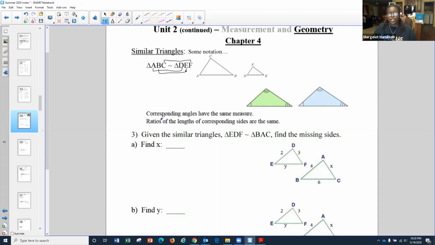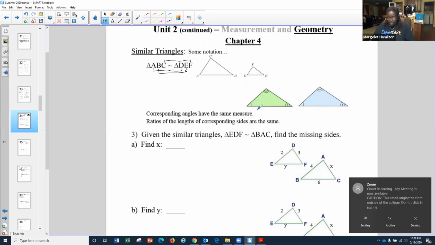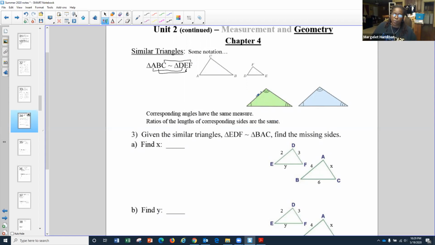Also, the ratios of the lengths of the corresponding sides are the same. They will use markings to identify the sides that correspond. So what you will see is one mark representing one mark, but these are the similar sides.